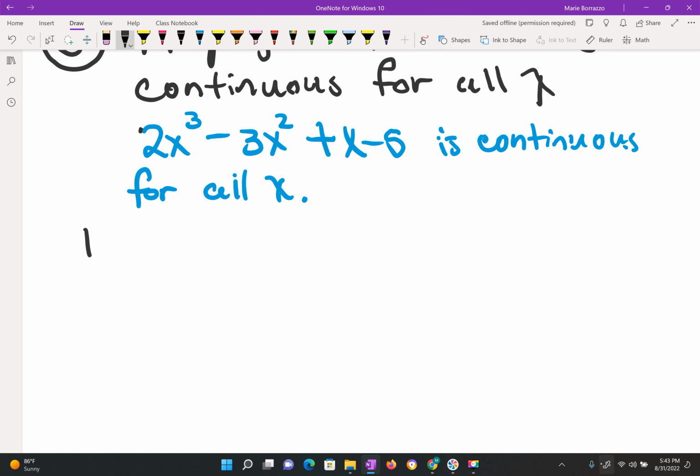Okay, for D. Now this one you really need to pay attention to because this does have to do with a rational function, so you have a fraction.